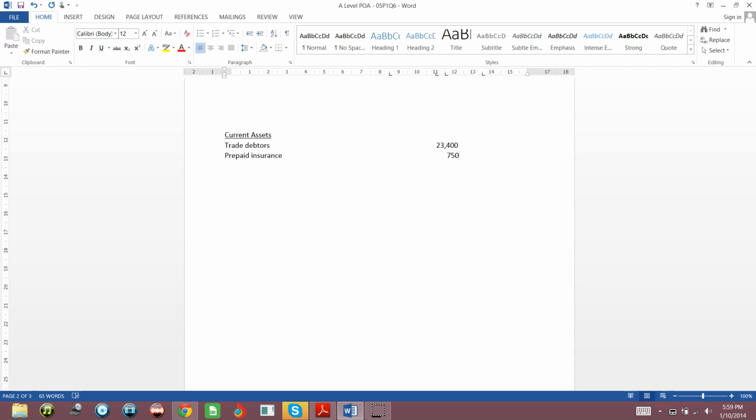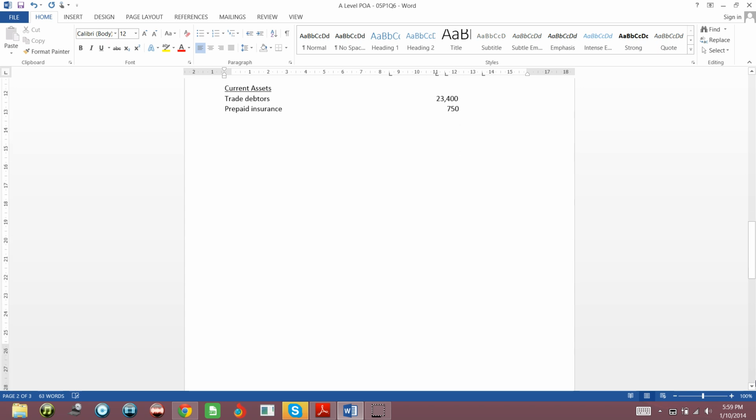So what's next? Number 6 says provide 2,000 for accountancy fee for the year. That means the accountancy fee has been incurred already but is not paid yet, so I have to provide for it.